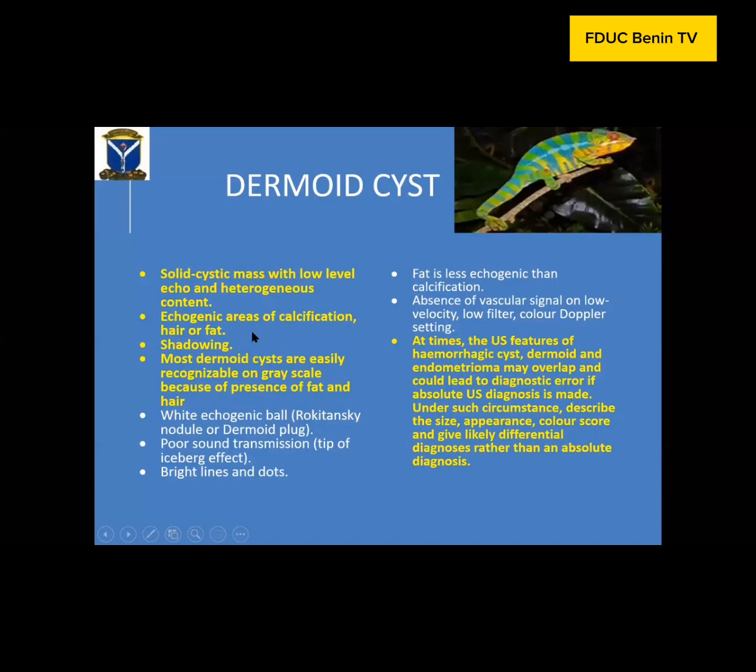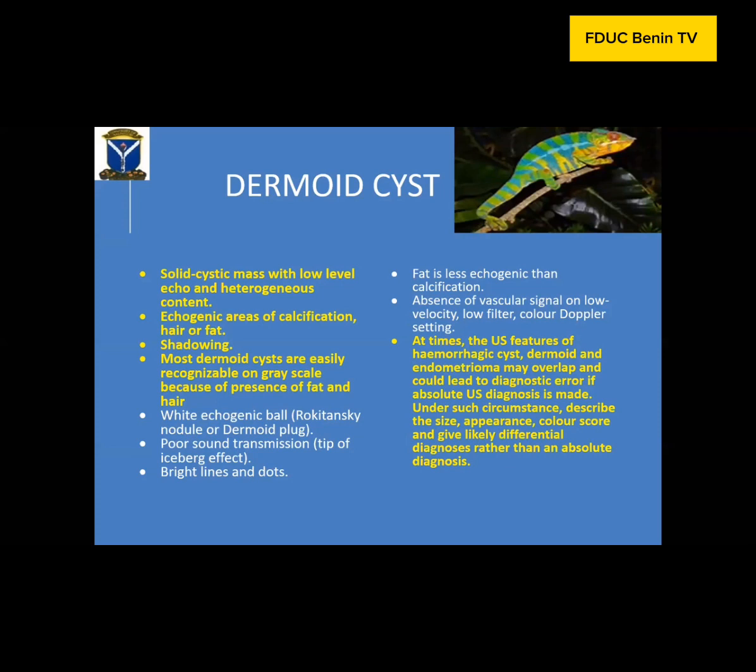In the majority of cases, we do not need more than a grayscale to make a diagnosis of the common benign adnexal lesions. In 90% of cases, with a grayscale, we will make a diagnosis of the common benign adnexal lesions. Occasionally, there will be challenges in the ultrasound appearances of dermoid. It may overlap with hemorrhagic cyst or with endometrioma.